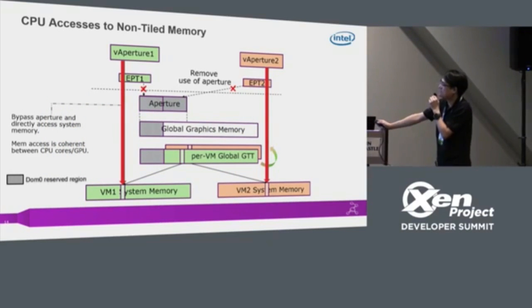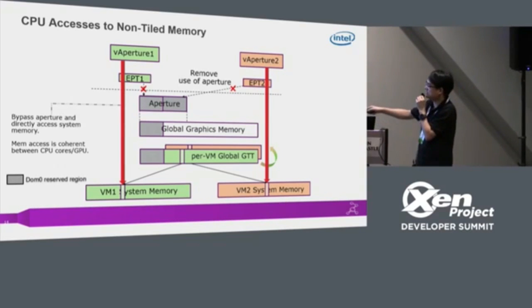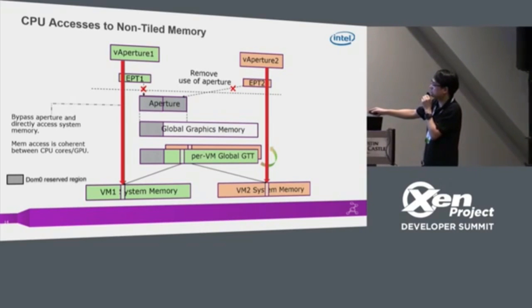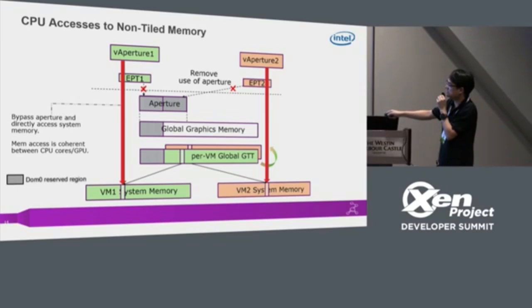So here come the two differences. If the CPU is trying to access non-tiled memory, a linear surface from system memory, the CPU can directly read this data, because we prepare the global page tables for the guest, so we know the machine addresses here.